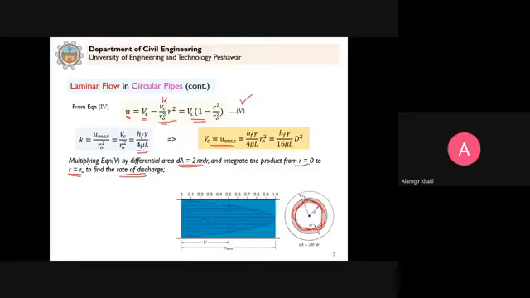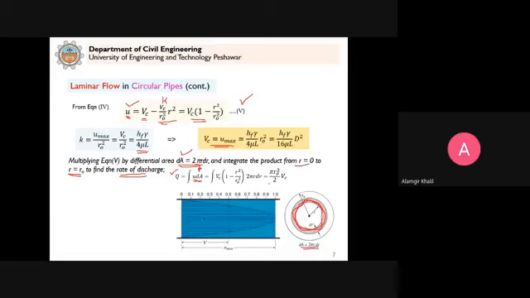So what is the area here? dA is equal to 2 pi r dr, and the velocity is given here at a distance r. Clear? Now if we put u into dA, where u is coming from here, and then integrate, we calculate the total discharge.